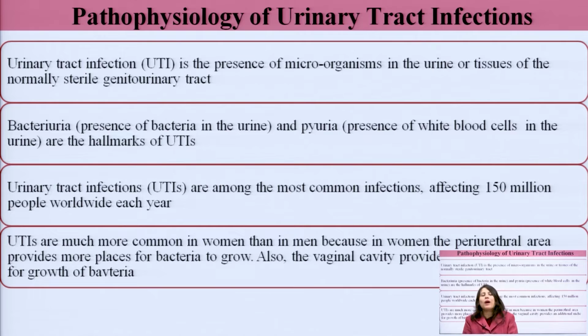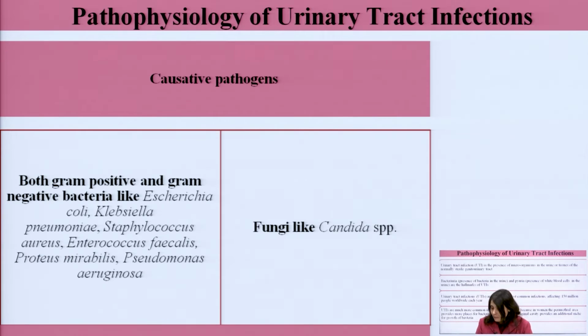So females provide a better niche depending on the area, and the vaginal cavity in females is another place where the infection can lodge. This is how the anatomical difference in the genitourinary tract of males and females is responsible for UTIs being more common in females as compared to males.